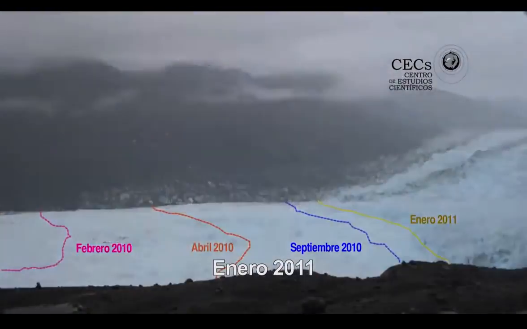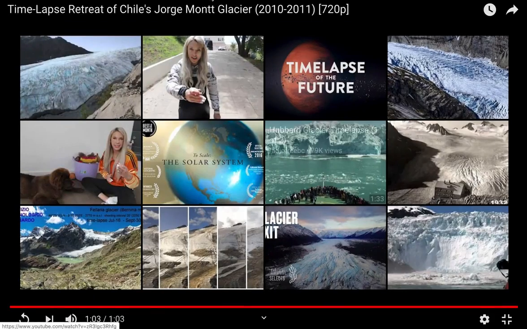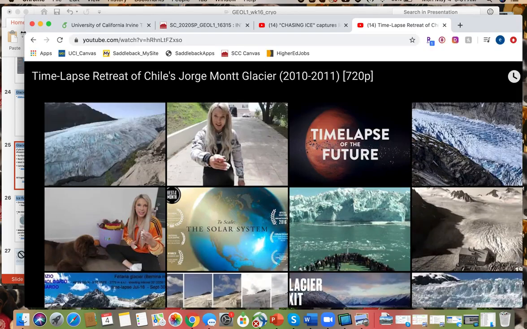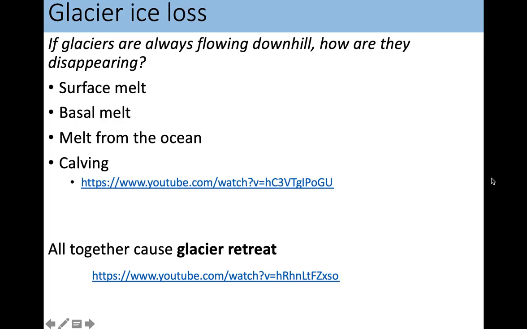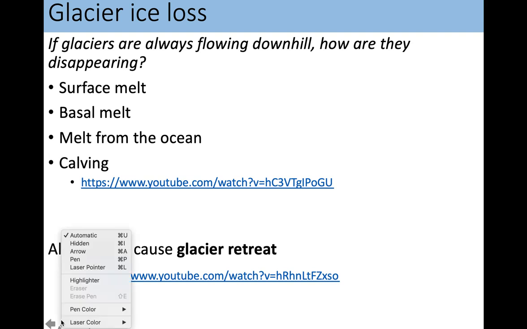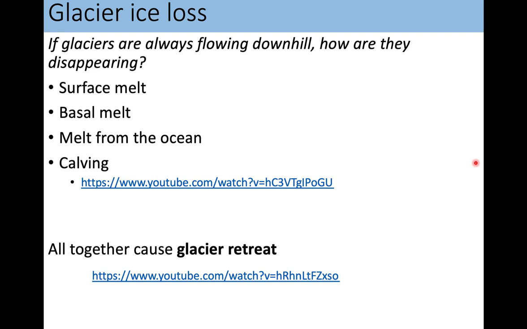And narrow is January. So that is showing how the glacier can be flowing downhill, but actually still losing mass, meaning that the glacier front will still retreat. So those, of course, are linked if you want to watch them again.